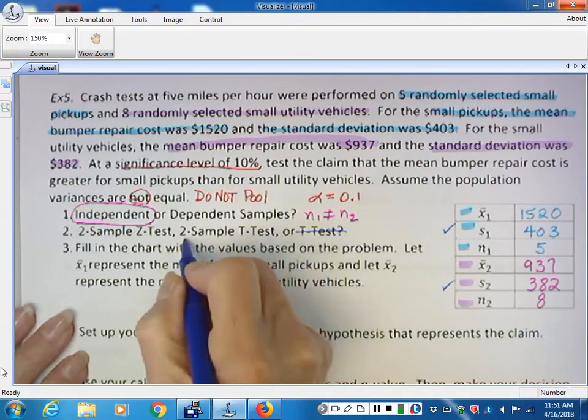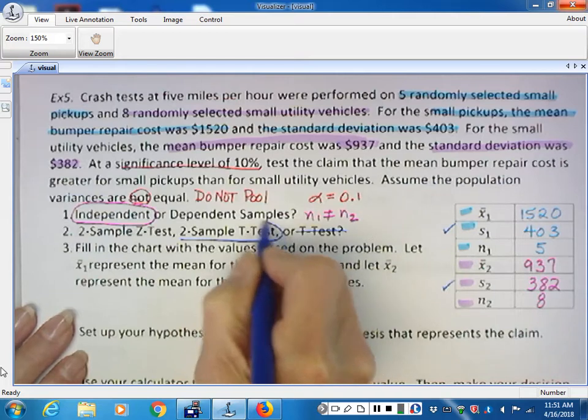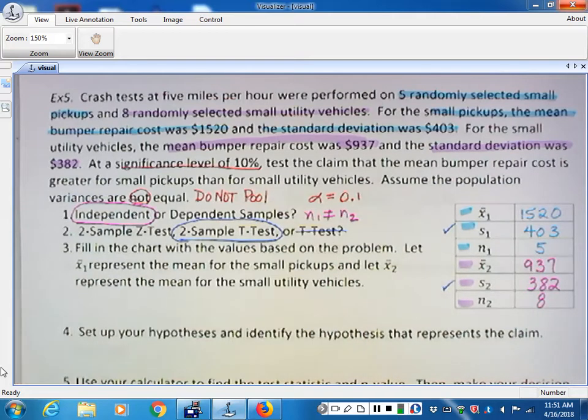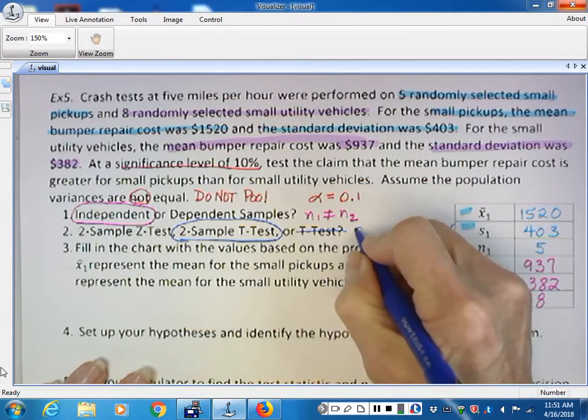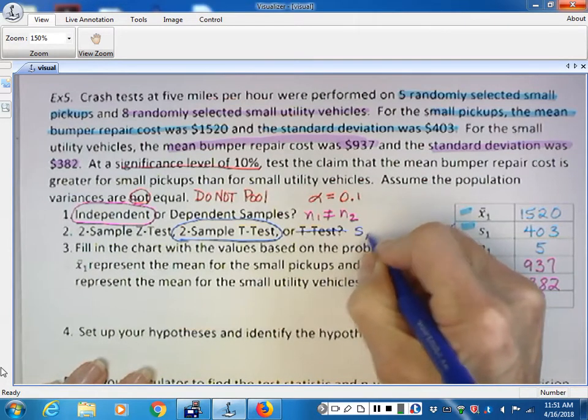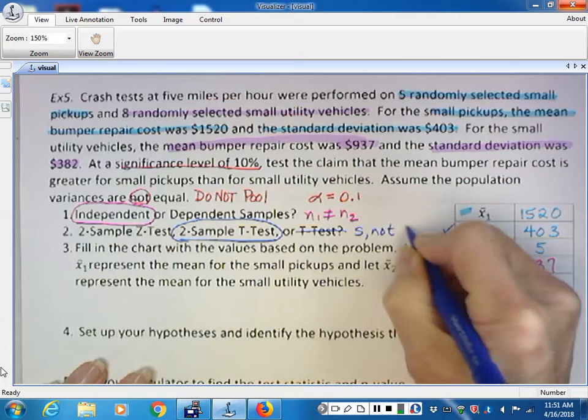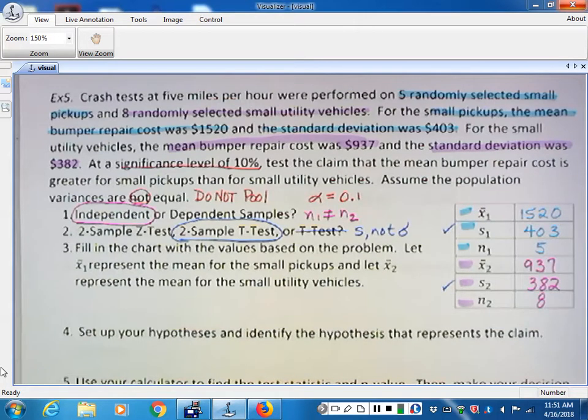And it's a 2-sample t-test because we're using sample standard deviations. So it's because we're using S, not sigma. So we filled in the chart.